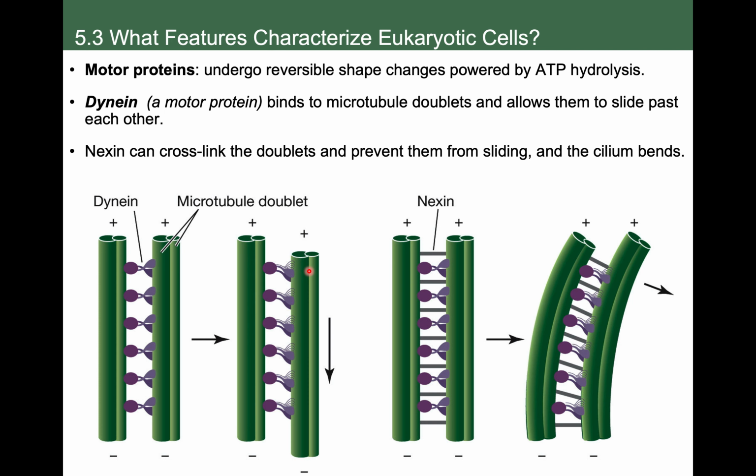But it's unable to do so because there's also these cross-linking proteins between the microtubules. So instead of sliding past each other, what will happen, as you see on the right here, is the whole structure will just bend instead. So the dyneins are basically driving the bending of these microtubules. And so that bending is what's going to power the waving of the cilia or flagella.